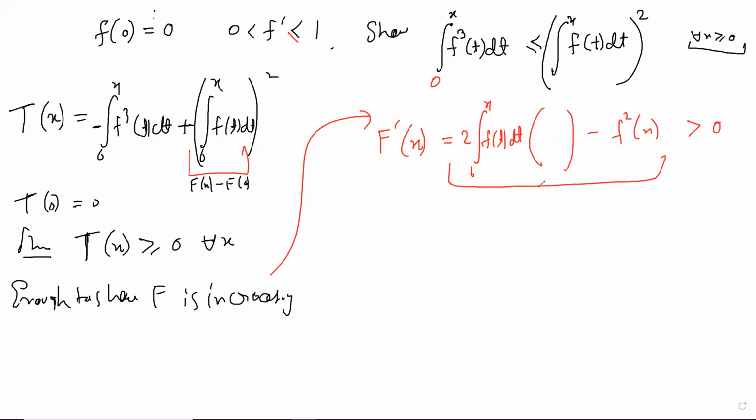You can have f outside. You call this h. You want to show h of x is positive. You do the same thing on h. You claim that h is increasing, you take its derivative, and you actually show that the derivative is positive. And it will actually work. Just do it. I'm not doing it because it's very routine and I have worked it out and it does work. But just check it.